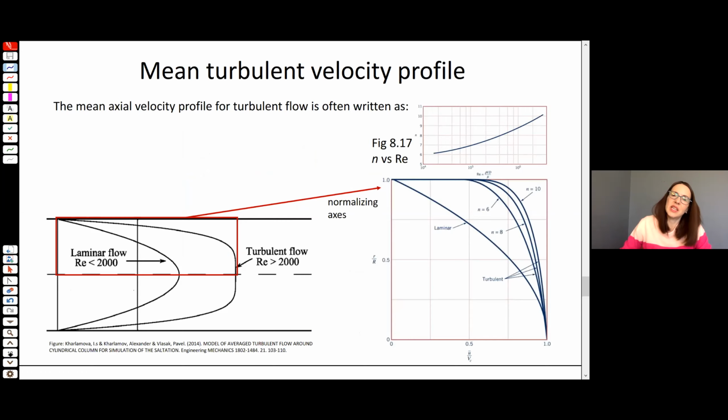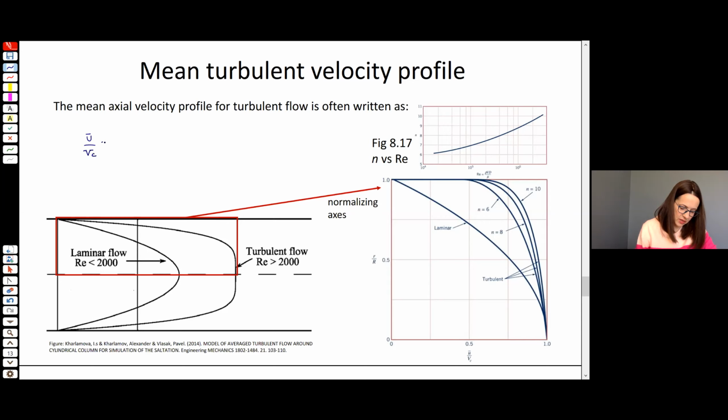All right. Well, we had that nice parabolic velocity profile for laminar, fully developed pipe flow. We have a counterpart that's often used for turbulent, fully developed pipe flow, right? So it's often written in terms of a power law velocity profile that governs the mean component.